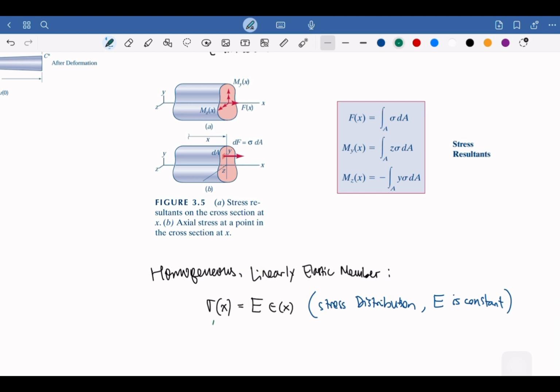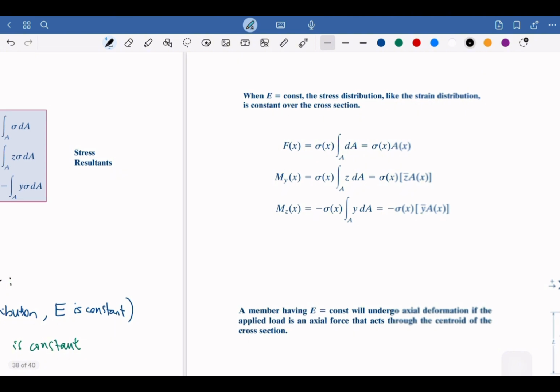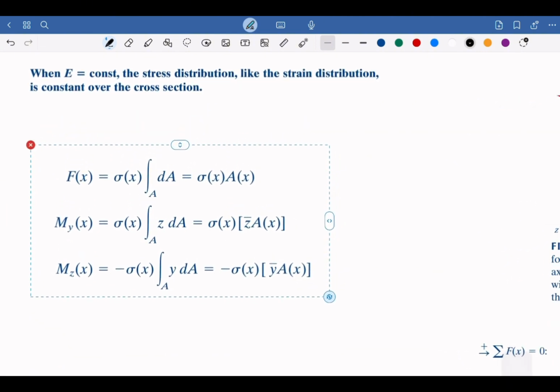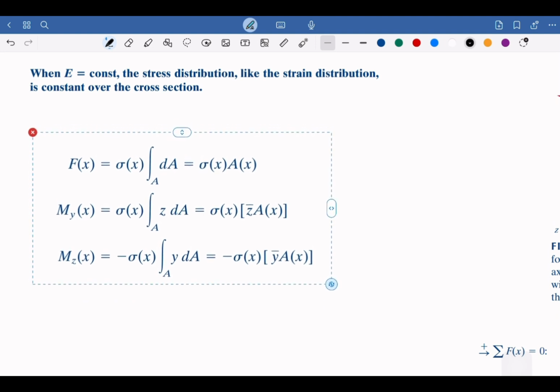So this stress distribution is constant over the cross sections. And then we could say that whenever the normal stress is constant, then we can make our simplifications for all the stress resultants.